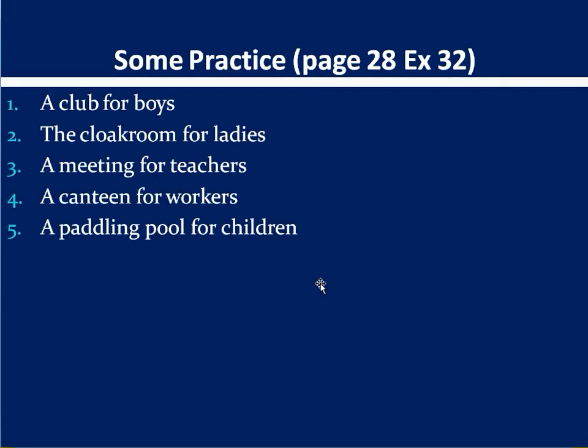Let's do some practice of plural possessive nouns. It's exercise 32 on page 28. A club for boys, a cloakroom for ladies, a meeting for teachers, a canteen for workers, and a paddling pool for children. Let's see the answers.